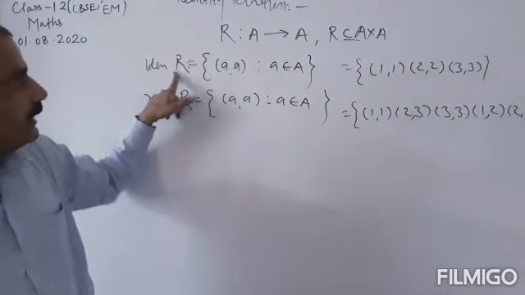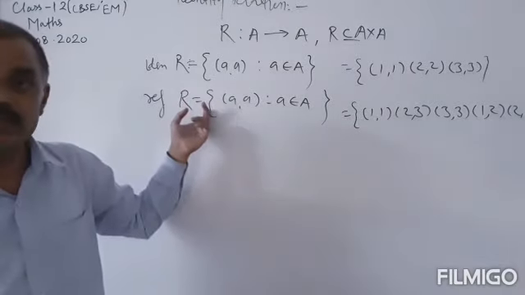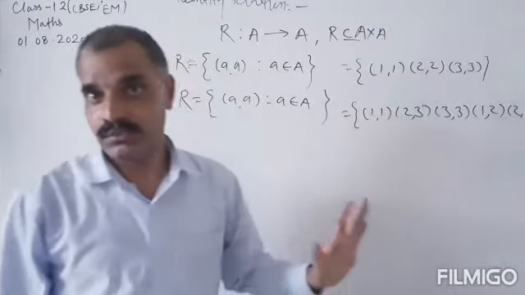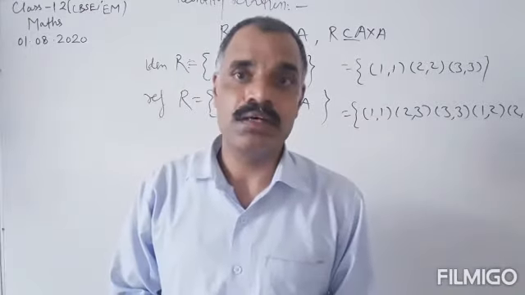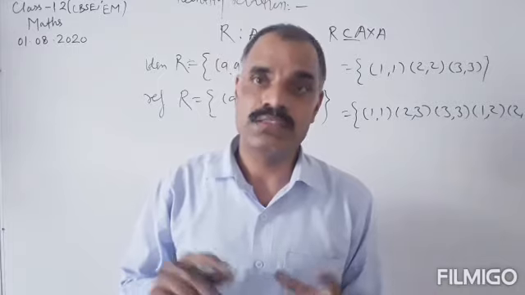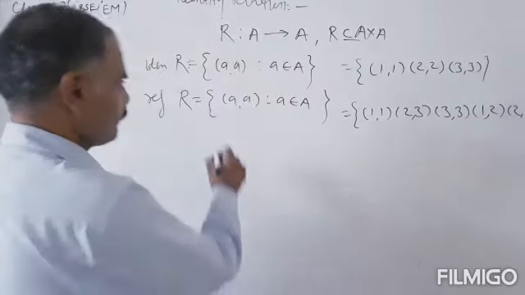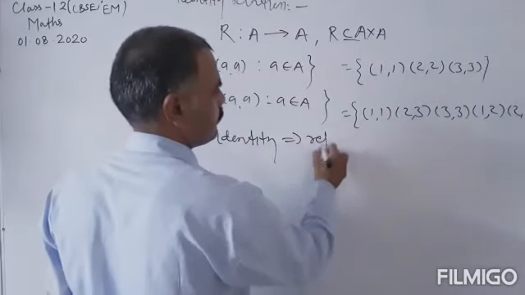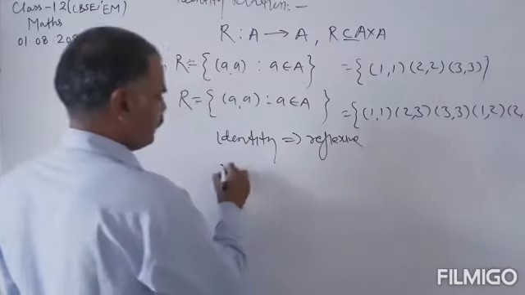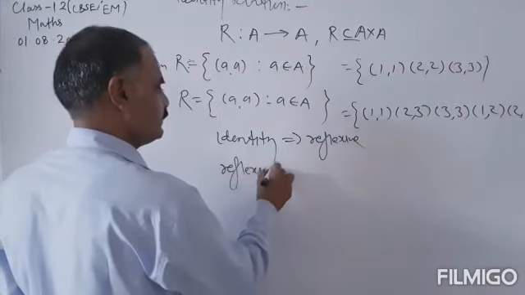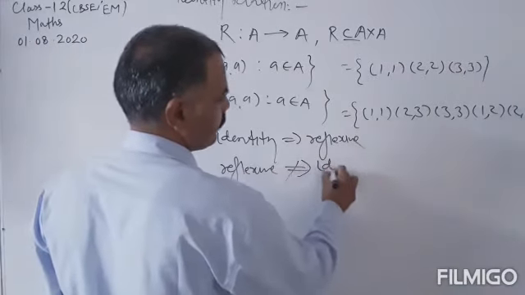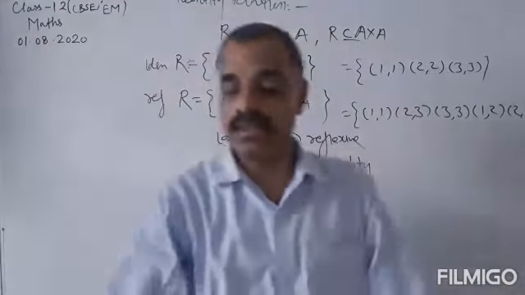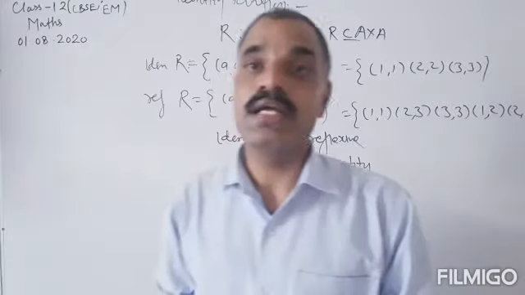So every identity relation is a reflexive relation, but every reflexive relation is not identity. Okay, so this is the main difference. Identity means reflexive, but reflexive does not mean identity.